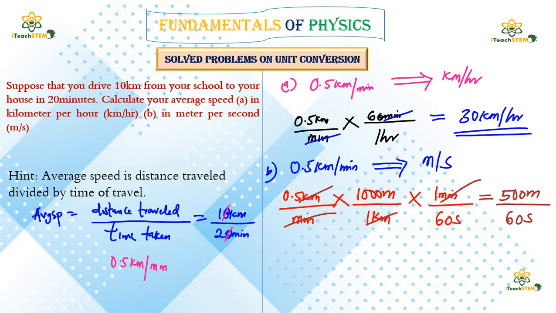Okay, so now 0 cancels out 0, we have 50 meters over 6 seconds. So that gives us 8.33 meters per second, which is our unit of interest. So this is all that it is to conversion. So you establish the conversion factor and work accordingly.